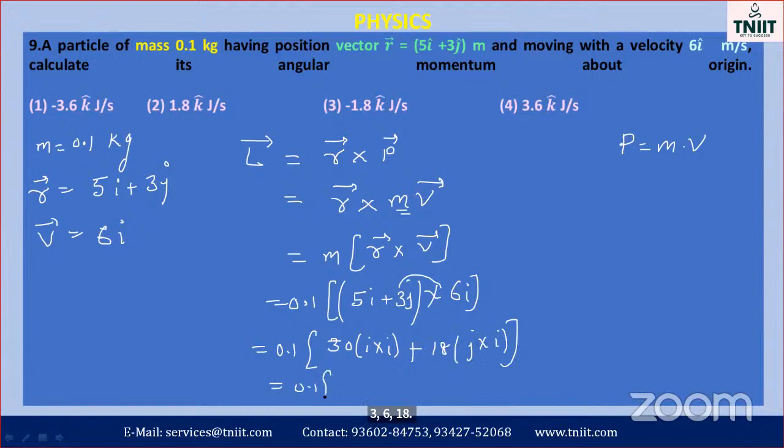So 0.1, this value will be 0 because you know that i cross i value will be 0, plus 18 into what is j cross i?